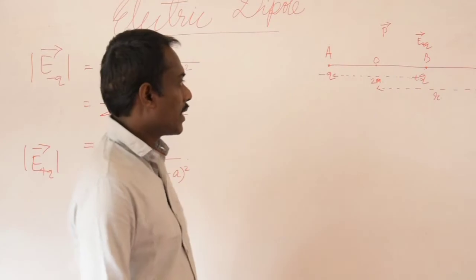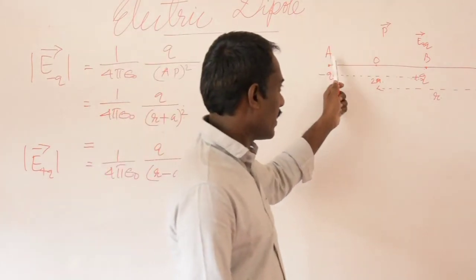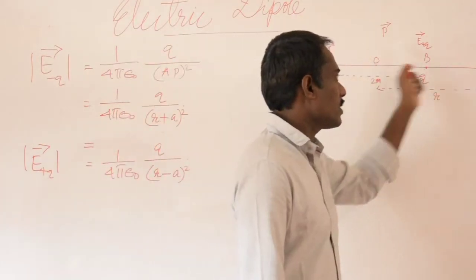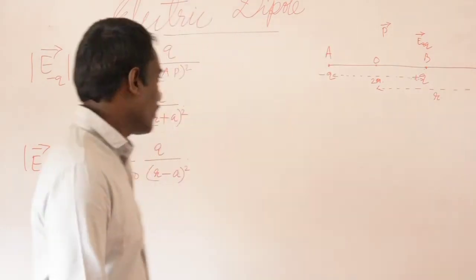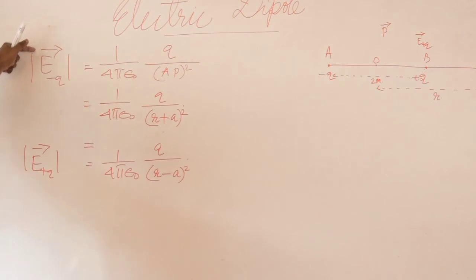This is directed along which direction? Along ABP, towards this direction. The resultant electric field is the vector sum of the electric fields produced by these two charges.